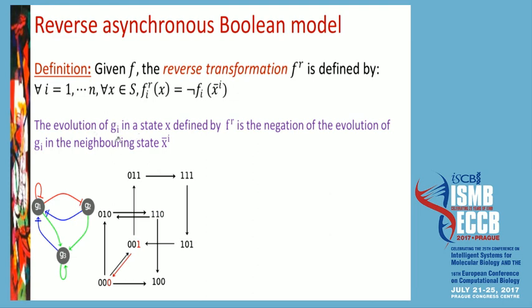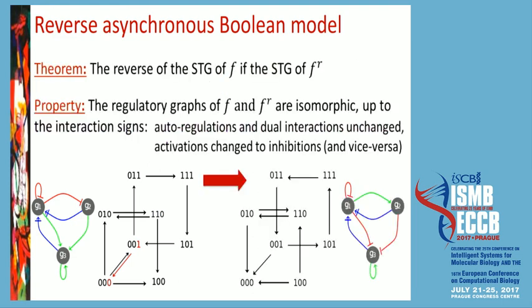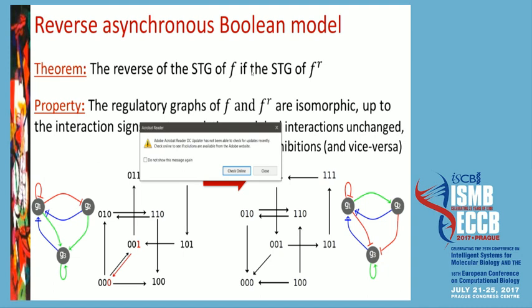So for example, if I take a component Gi, let's say G3, and I want to define this new transition, which is the reverse of the black one, I will take the image of the neighboring state and negate it. It's a bit technical, but we can discuss later on. And we can prove formally that this FR, this new transformation, indeed defines a state transition graph which is exactly the reverse state transition graph of my original model.